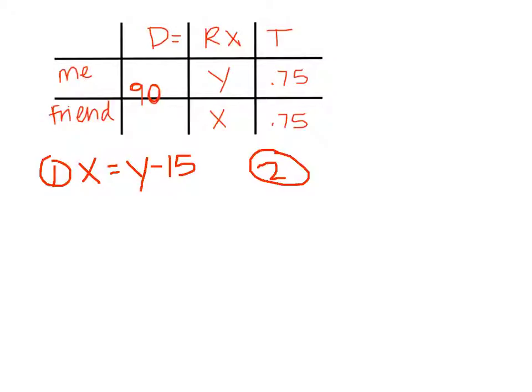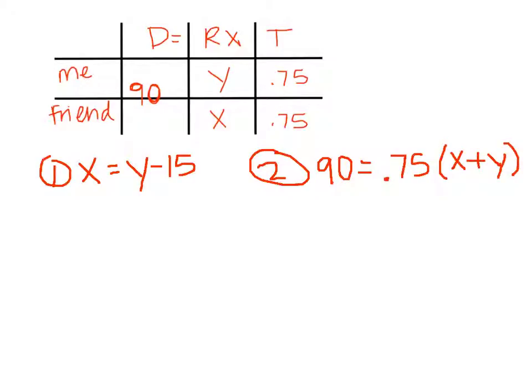And then our second equation is going to be our combined distance, which is 90, equals both of our rates times both of our times, and because our time is the same, we can put that out front. So we have 0.75 times both of our rates added together.